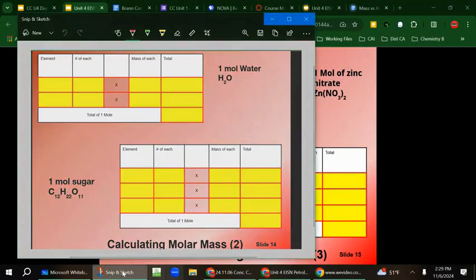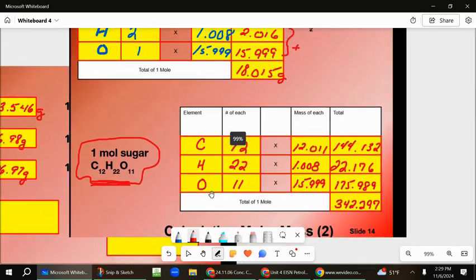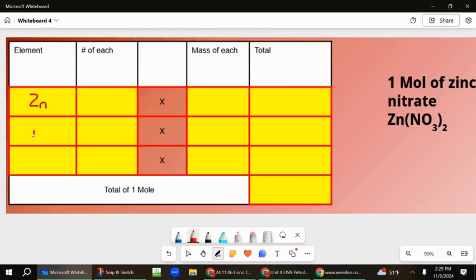All right. This is the one that we're going to do here, ladies and gentlemen. All right. So, first of all, what elements are involved in this compound? Go ahead, Osmar. Zinc and nitrogen oxide. Zinc, nitrogen, and oxygen. Okay? Now, how many zinc are there? Sorry, hold on.